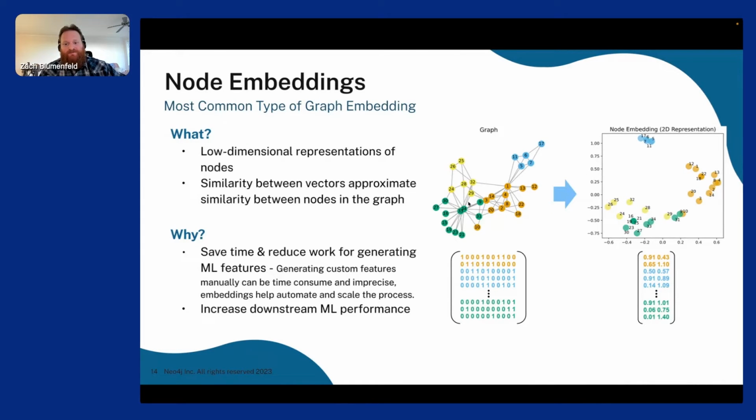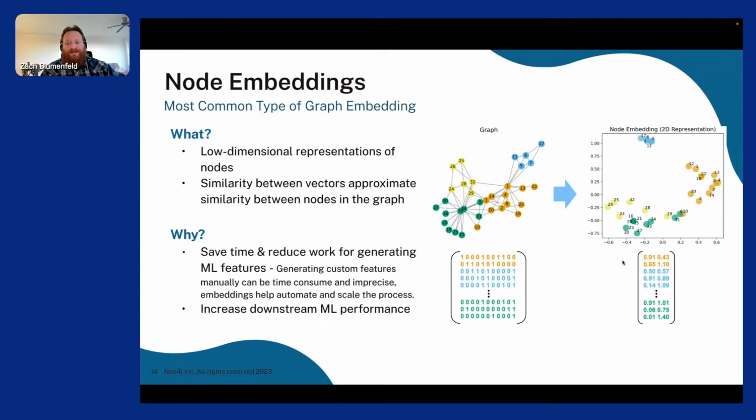And so you see a graph over here, and it has things that are grouped together, nodes that are sort of naturally clustered together. If we made a node embedding of them, in this case, I'm making a two-dimensional node embedding. And what happens is we can show these nodes in a two-dimensional plane, and they sort of have the same proximity, right? They sort of group the same way.